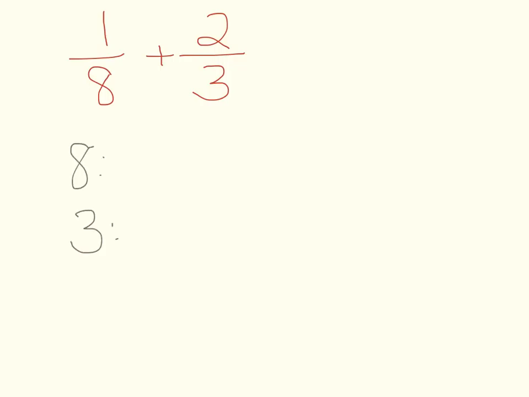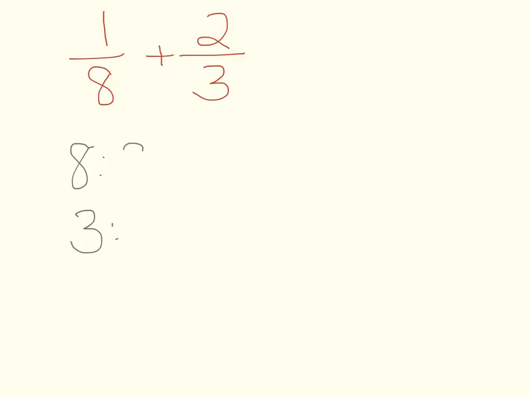You can use LCM when you're also trying to add or subtract fractions with different denominators. So let's say we were trying to add 1/8 plus 2/3. We need to find the least common multiple between these two numbers. So you would list the multiples of 8 and the multiples of 3.